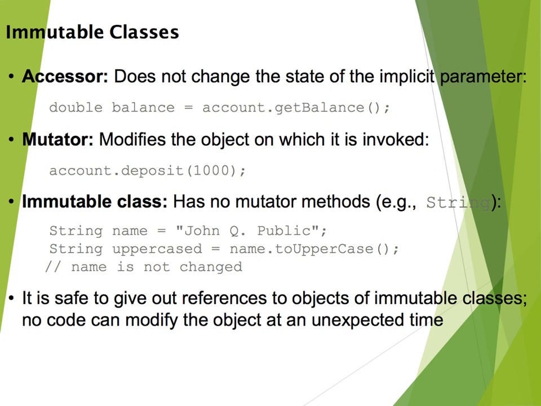Why? Because String is an immutable class, and none of its methods, including toUpperCase, is a mutator. All of its methods are accessors.